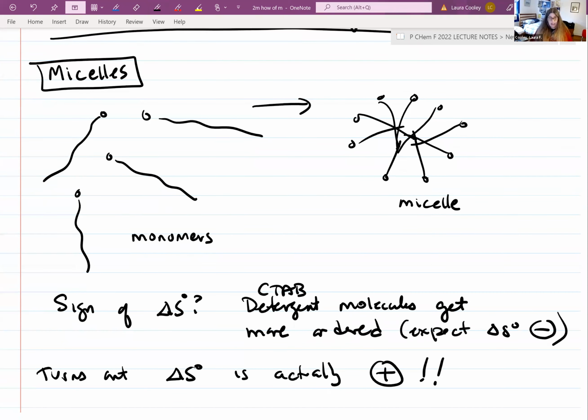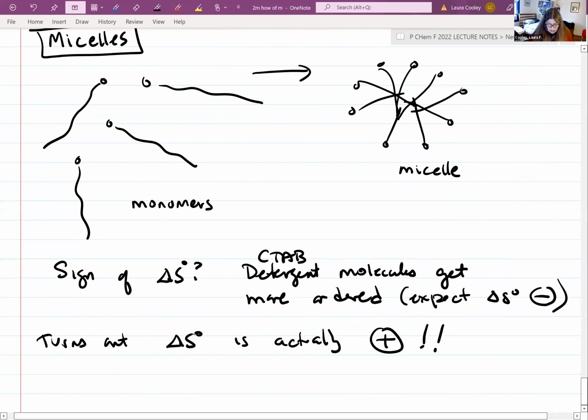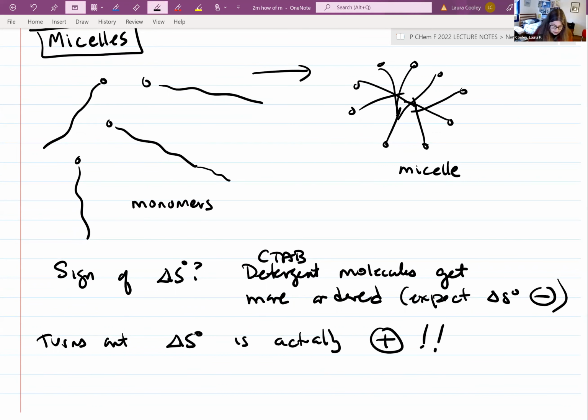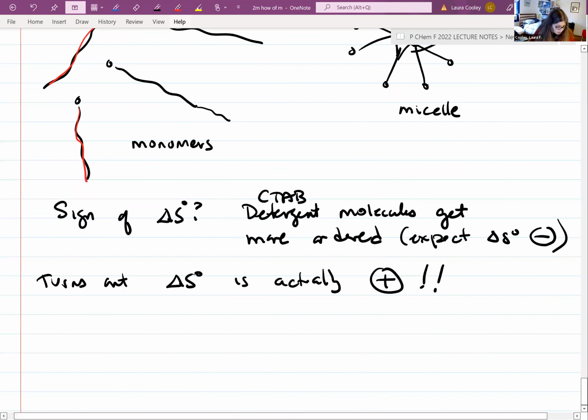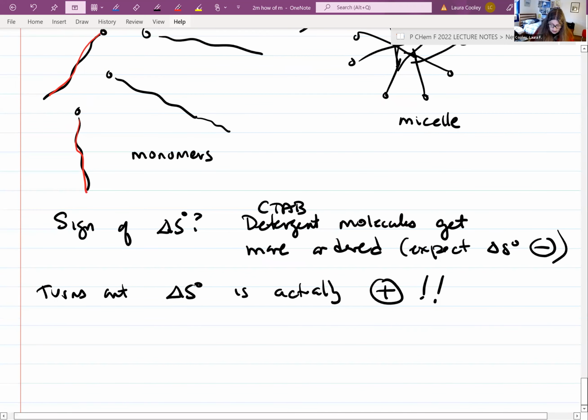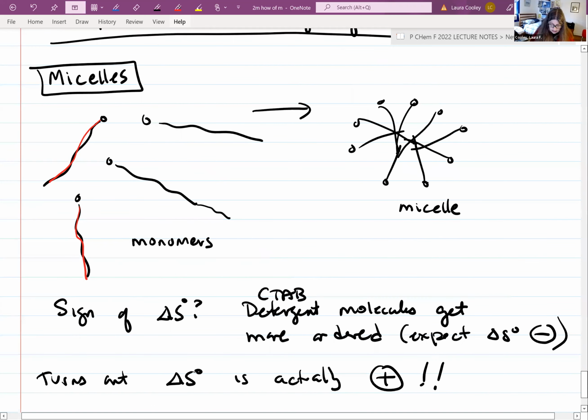But in fact, delta S is positive. So why is that? Here's one of these cases where you've got these long chains, and you have all these water molecules trying to get away from these long hydrocarbon tails. So you're massively affecting the order of the water molecules here. Water molecules are actually freer to move on this side.